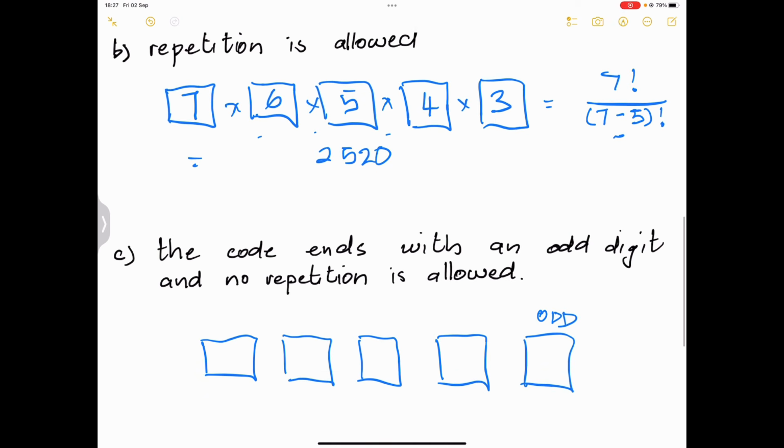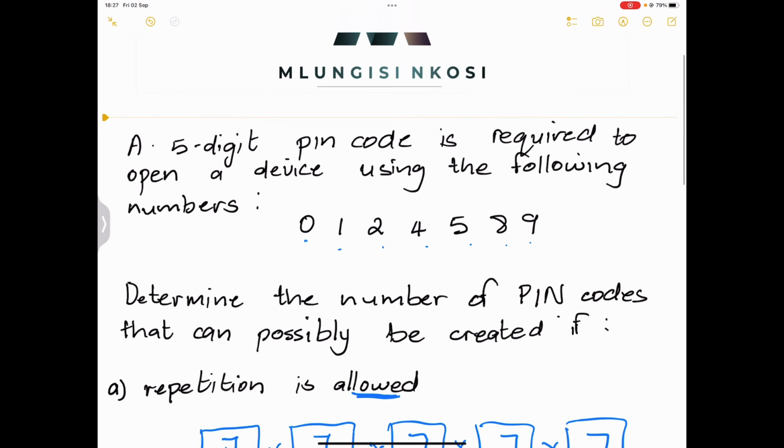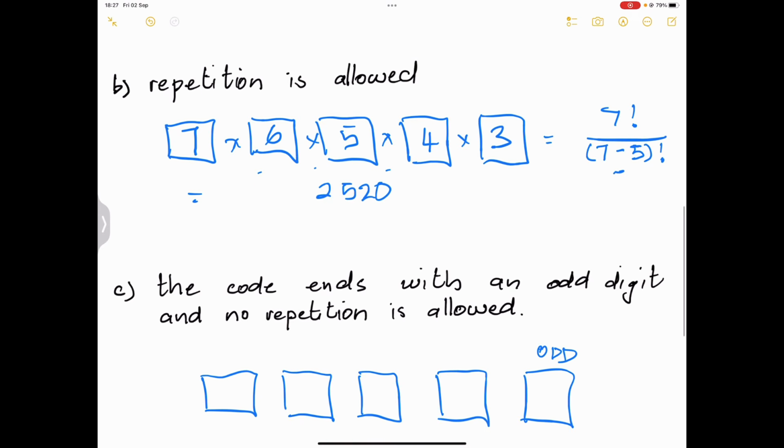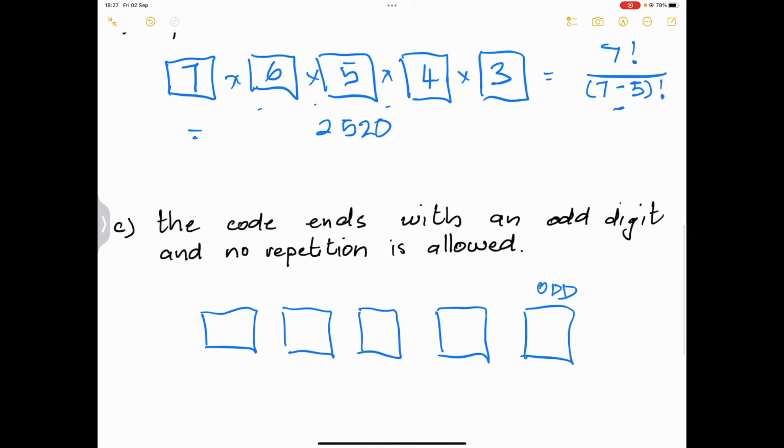Now, I want you to please consider how many odd digits do we have, okay? So we've got 1, we've got 5, and we've got 9. So in that case, we've got 3 of those odd digits.